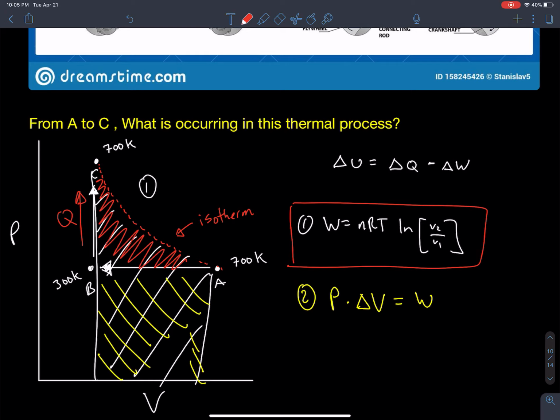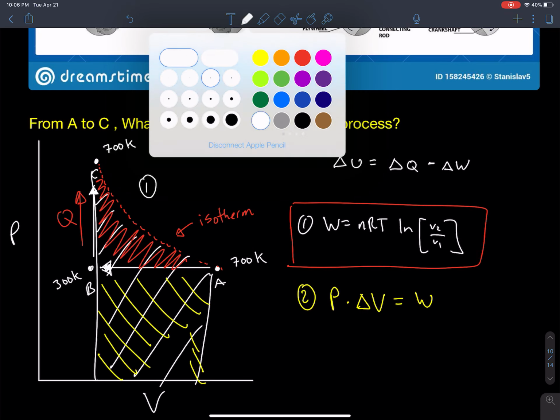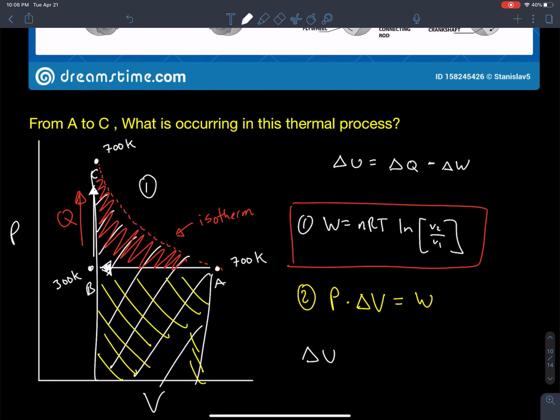And we can figure that out completely because for that isochoric part, if I was to look at the first law of thermodynamics, there is going to be a change in internal energy. So the change in internal energy is equal to Q minus W. But because there's no volume change, I don't have a change in work.